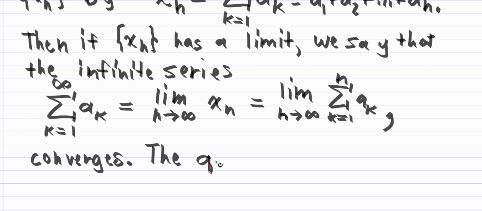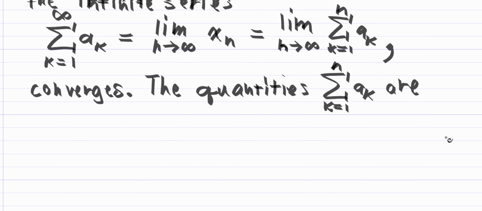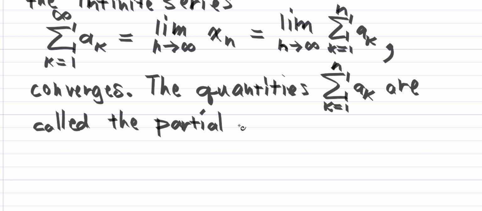The quantities sum ak, k equals 1 to n, are called the partial sums of this infinite series.